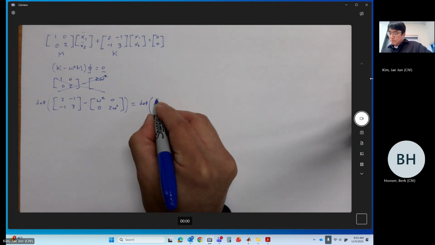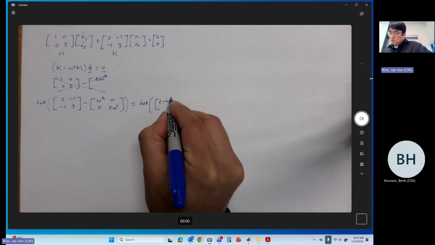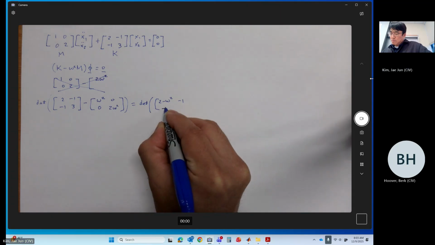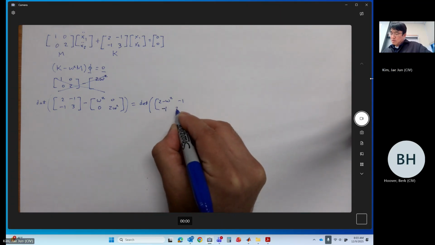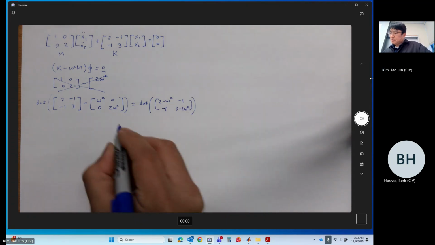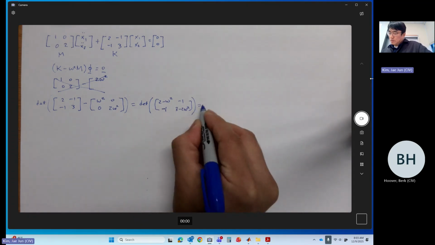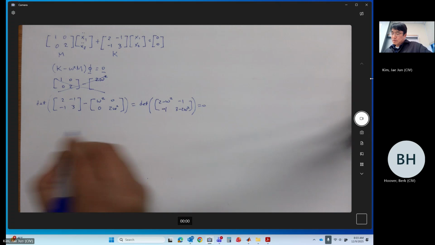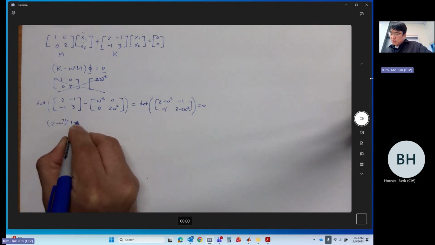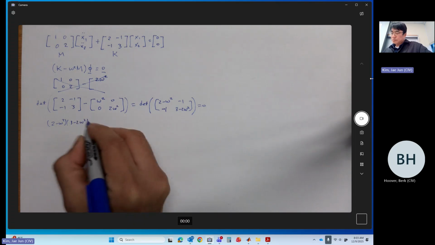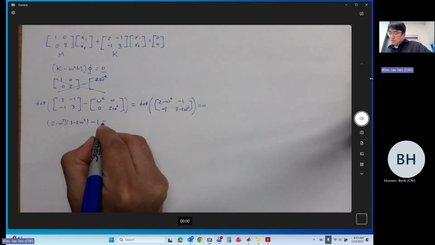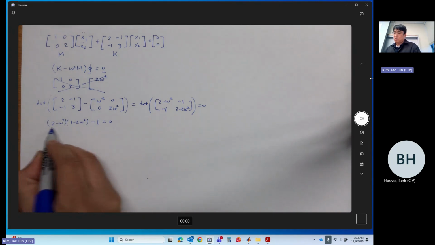So the determinant: 2 minus omega squared, minus 1, minus 1, 3 minus 2 omega squared, is 0. So 2 minus omega squared times 3 minus 2 omega squared, minus 1, is equal to 0. This is the characteristic equation.